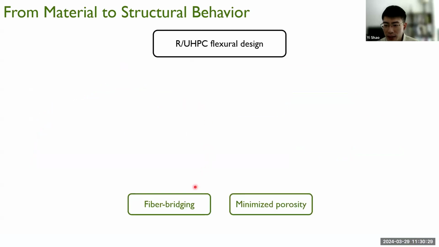And then we can further emphasize how we can utilize the unique material design of UHPC for flexural design. So we start from the fiber bridging provided by the steel fibers, as well as the minimized porosity provided by the packing density theory, minimized water to cement ratio, and absence of coarse aggregates.